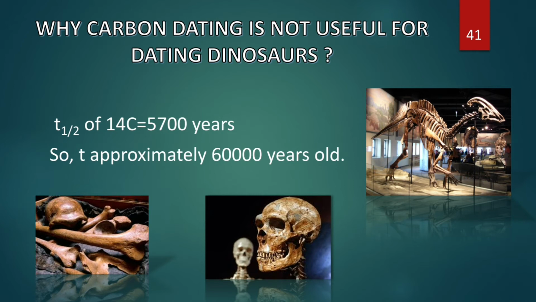So if the sample that we have to carbon date is older than 60,000 years, then if we do carbon date, the values that we get will not be the exact value. There will be many deflections, and thereby the calculated value will be wrong. So that's the reason why we can't carbon date dinosaurs.